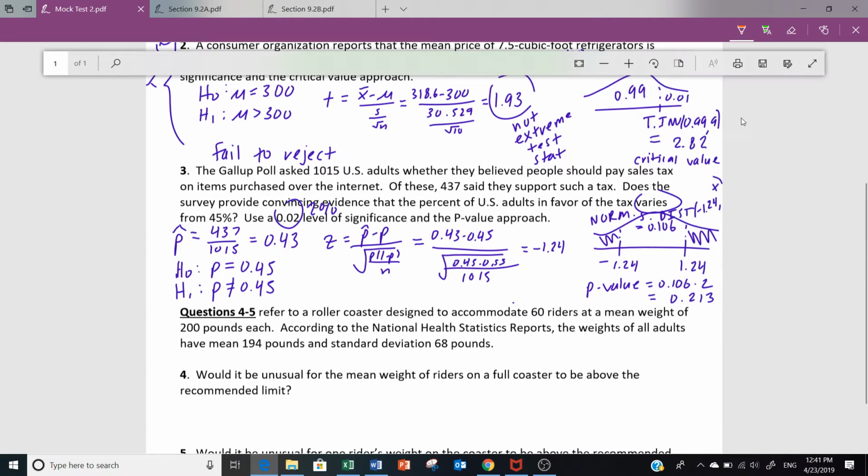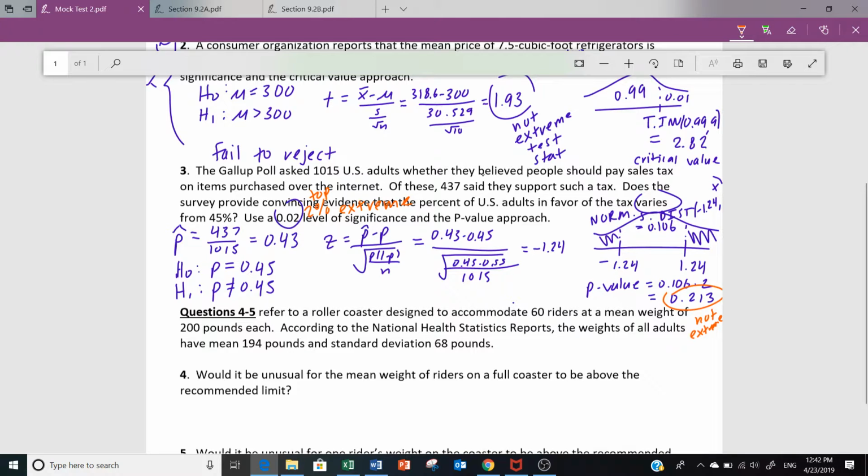The p-value is bigger than the significance level. Exactly. Fail to reject. It's not in your top 2%.